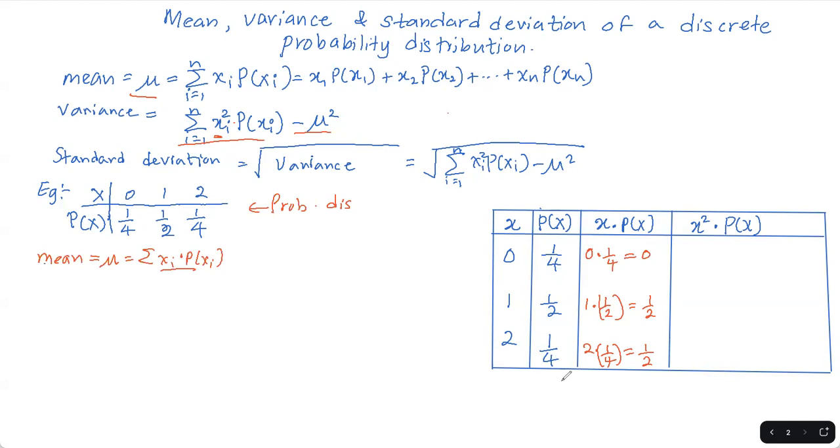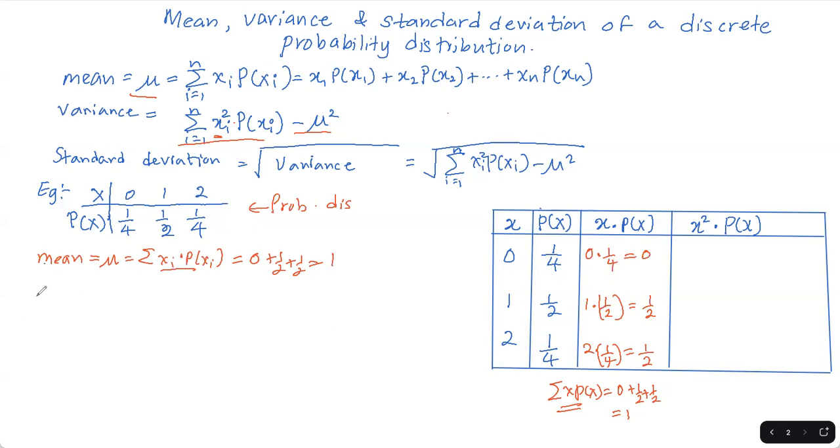And then you can take the summation of all these terms, which is 0 plus half plus half gives you 1. So this is simply your mean, the summation of all xi times probability of xi, which gives you 1.